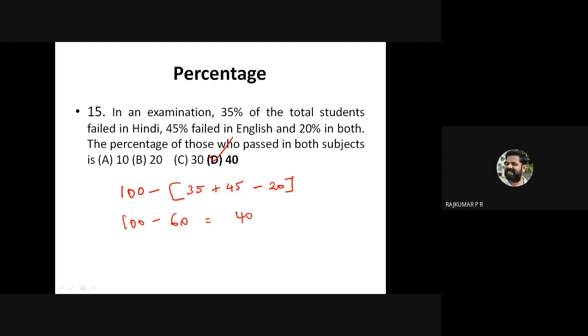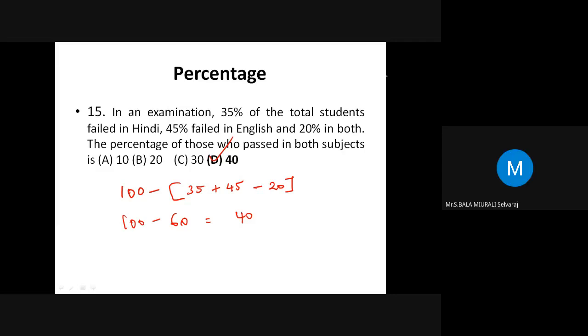Why do we take 20? That is given. Because that percentage is already included. What is the reason, sir? Sir, they failed in both the subjects. Try to understand. They failed in both the subjects. That is already included in 35 and 45, which means some students were counted twice.